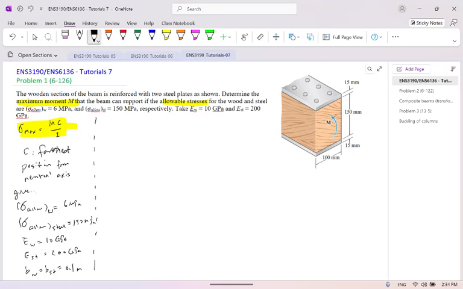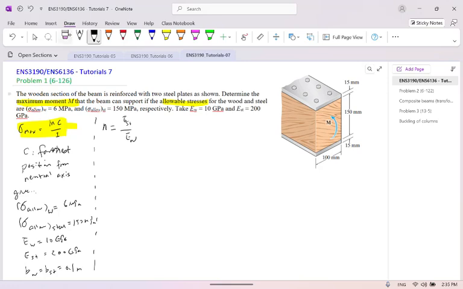So now, what will n, the transformation factor, be? Remember, we transform wood into steel. Is this correct? Why? We must transform wood to steel.